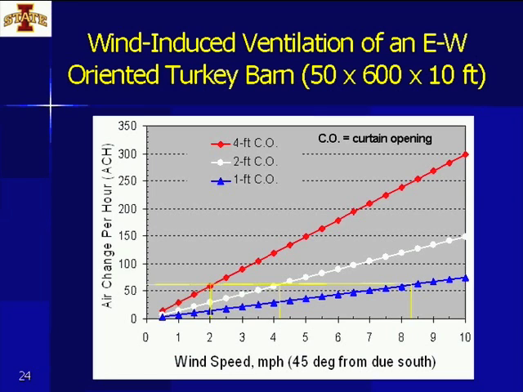With a 4-foot opening, only 2 miles per hour, and so on. So on a good windy day, it doesn't need to be too windy to achieve good natural ventilation.